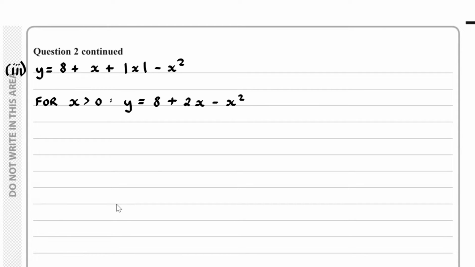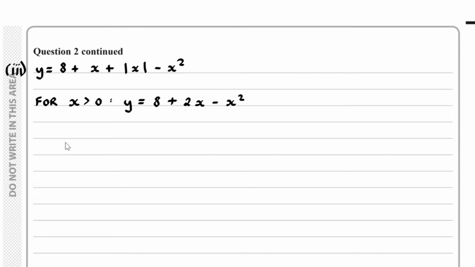And the reason that's the case is because, say I have x equaling 3, then here I'd have 3 plus the absolute value of 3, so that's twice 3, which is why I get the 2 over here.